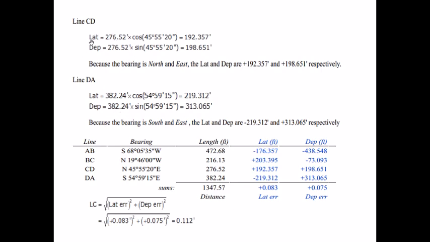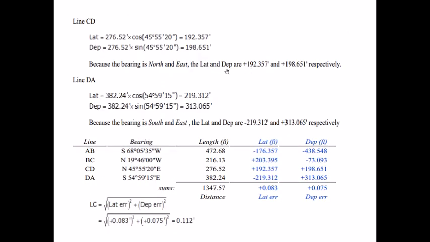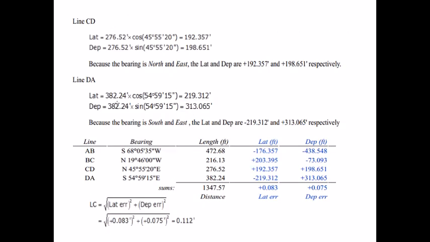Now once we have latitudes and departures for all the sides, we can place the values in our table. Over here in the first column we represent the line. Our closed traverse has 4 lines: AB, BC, CD, and DA. Then we represent the bearings, which are given with every line, and then the lengths of every side as well.